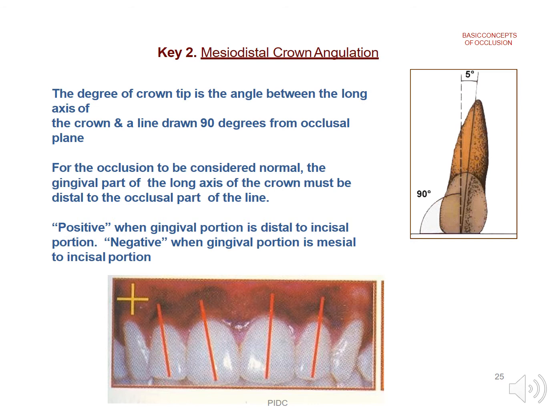You can have a look at the picture at the side. It is called positive when the gingival portion is distal to the incisal portion, and it is called negative when the gingival portion is mesial to the incisal portion.